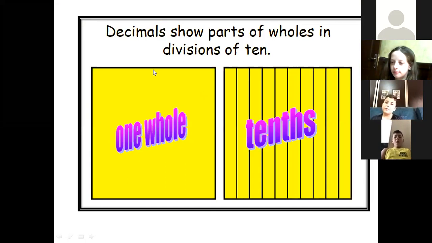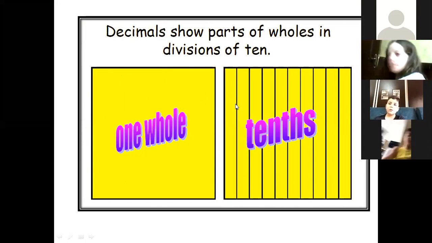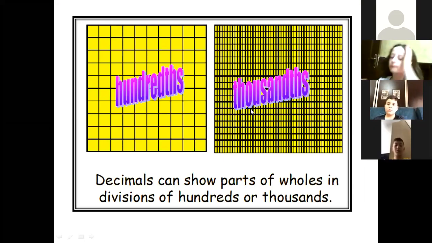This decimal shows part of wholes. So when all the part is shown like this without pieces cut, it is one whole. But when we cut the piece into 10 parts, that's going to be tenths. This is 1/10, 2/10 together, 3/10, 4/10, and so on.